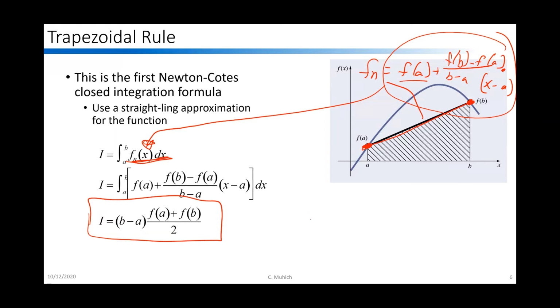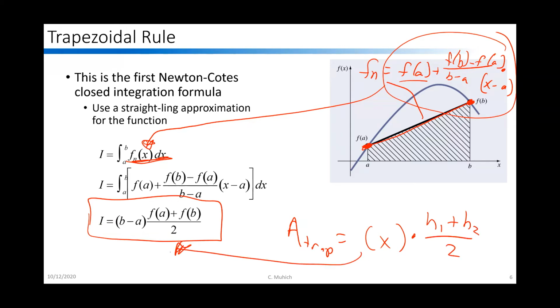This is the same formula as the formula for the area of a trapezoid. So the area of a trapezoid is that width times height 1 plus height 2 over 2. We can see that this matches exactly, where this x is this distance, and these heights correspond to our a and b. So this is why it's called the trapezoidal rule.